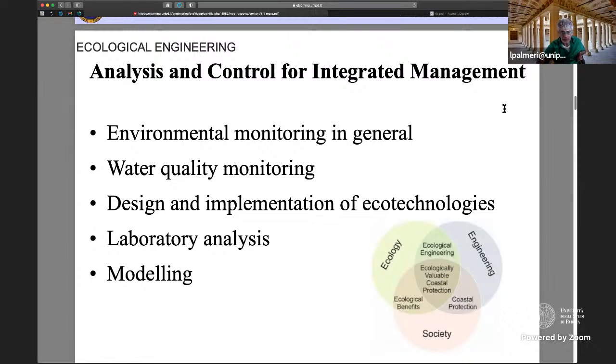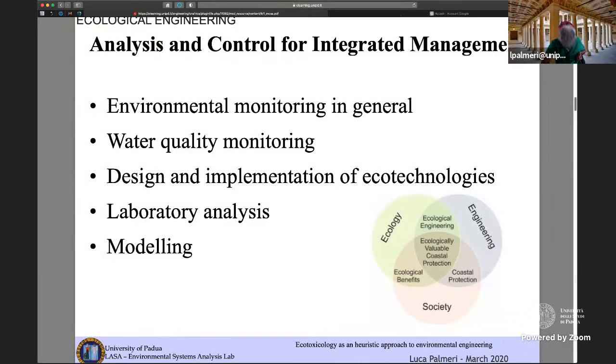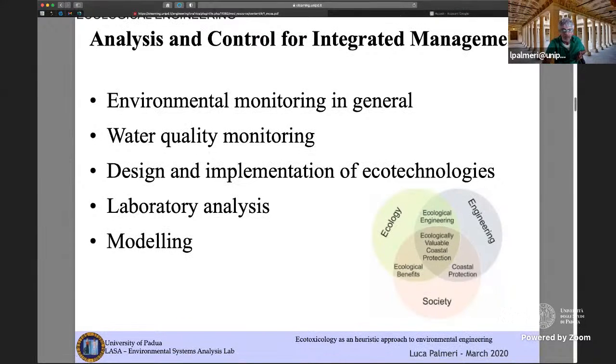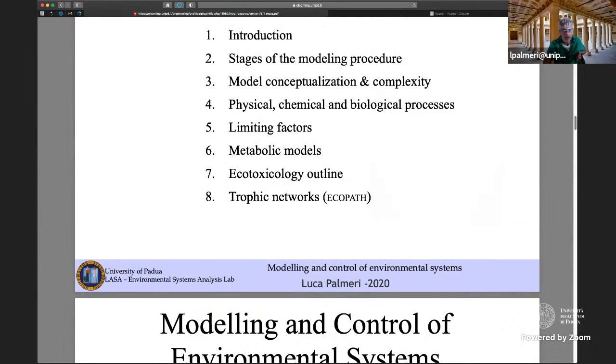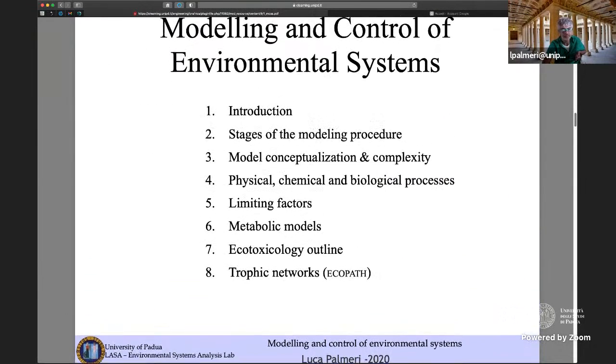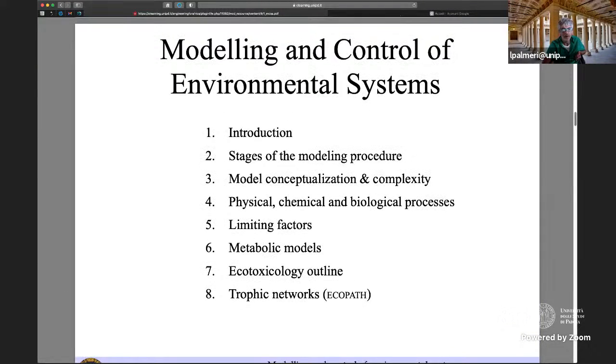So the model ends up with a description of the system that provides us with the possibility of analyzing scenarios or future behaviors of natural systems or environmental systems.